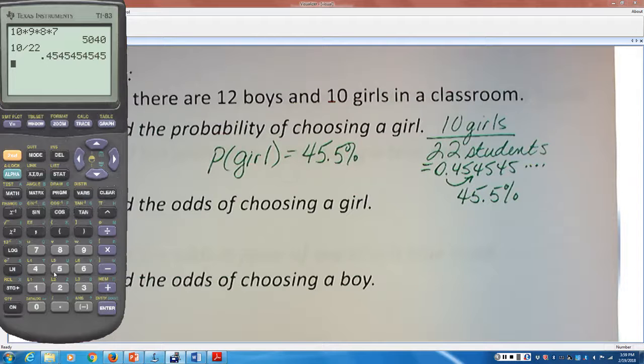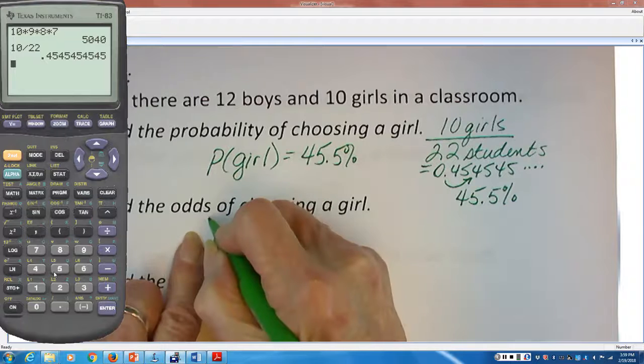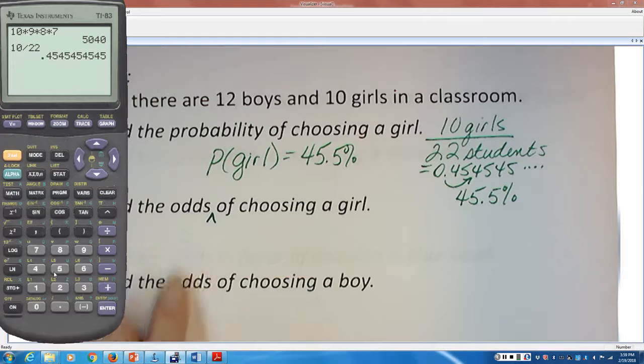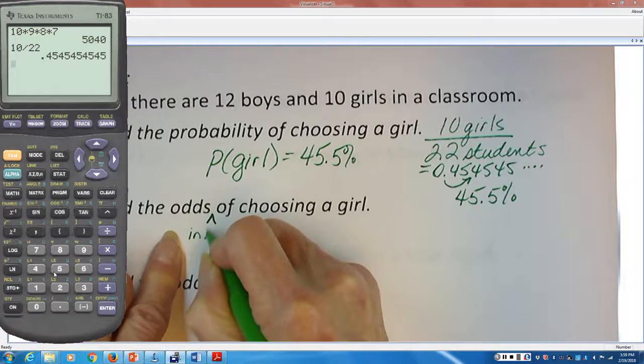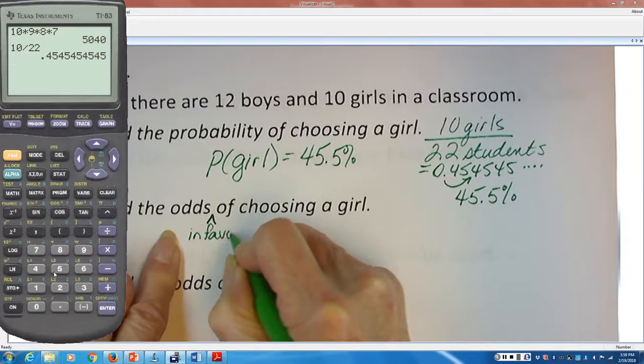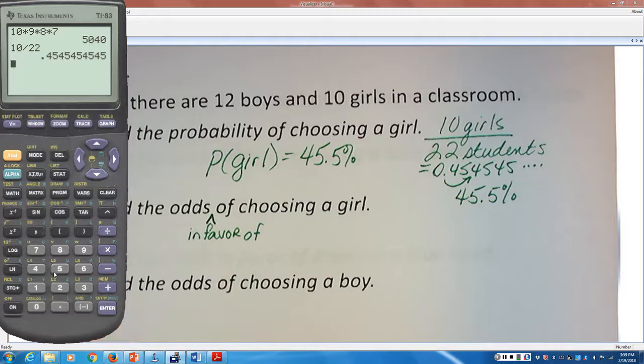Okay? This one says find the odds of choosing a girl. The words that would need to go in there to make it really clear: find the odds in favor of choosing a girl. Because there's two kinds of odds.